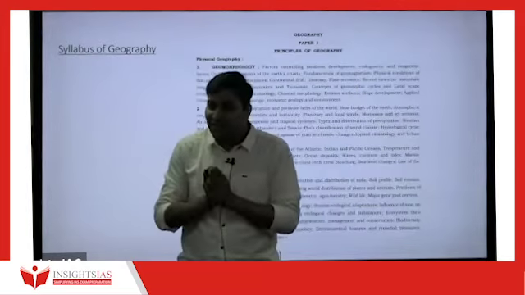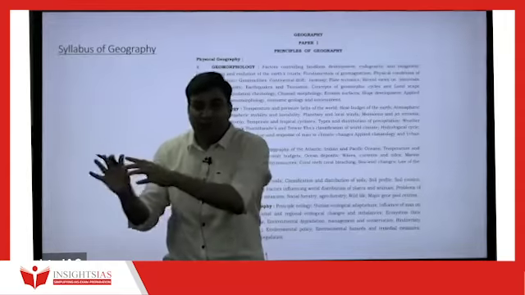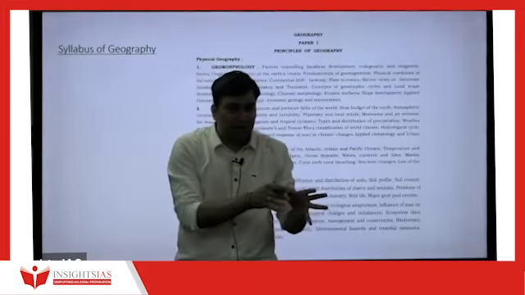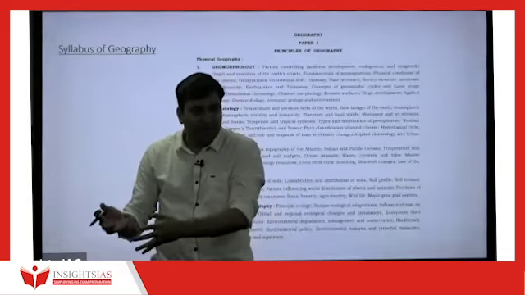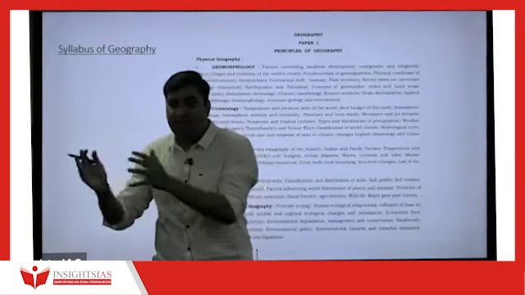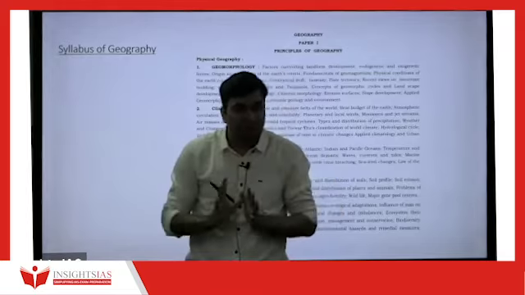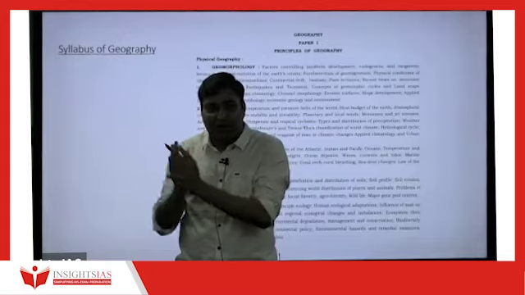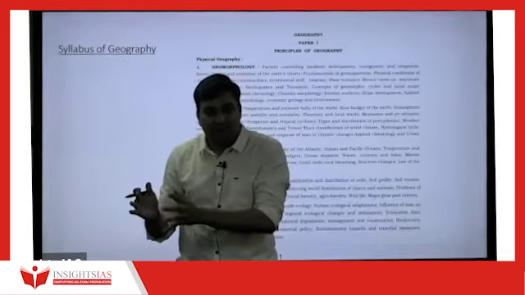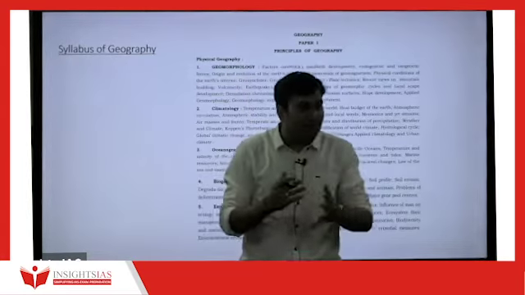So essentially, paper 1 and paper 2 are correlated to each other. Within paper 1 also, there are continuous linkages to each other. And paper 2 is nothing but application of paper 1. Is it clear? इसका मतलब ये हुआ, if you are having conceptual basic understanding of paper 1, paper 2 is nothing but a cakewalk.